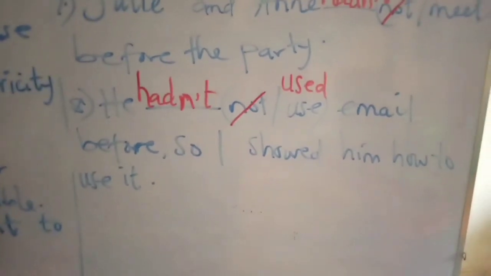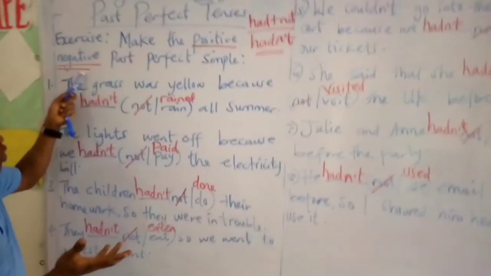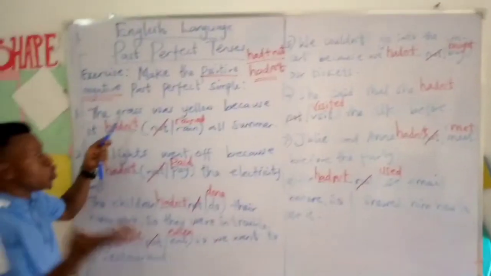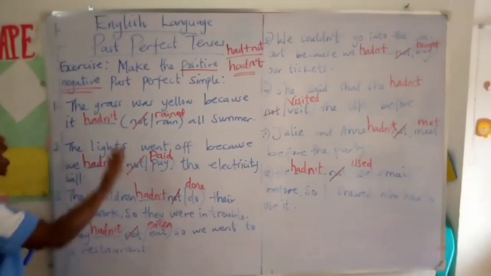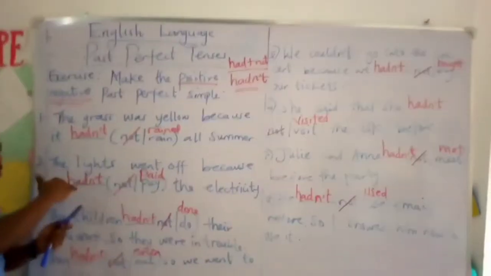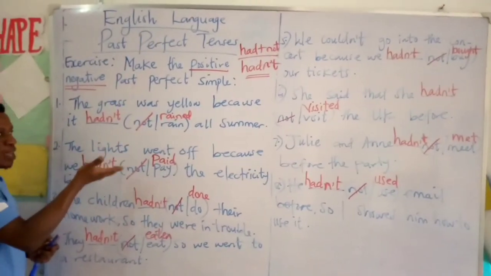So it's very simple. When it comes to negative expressions, you have to introduce not. And when you add the not to your had in a contraction form, it gives you hadn't.